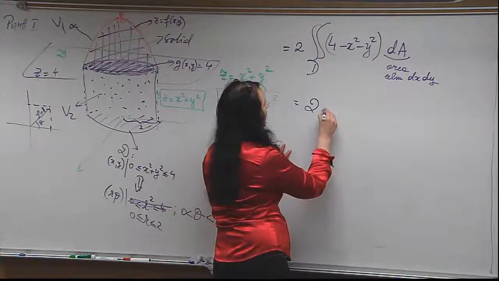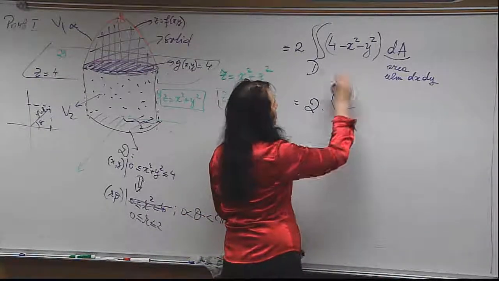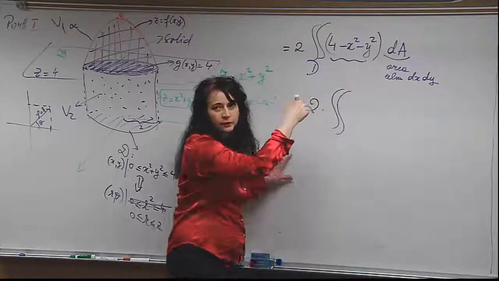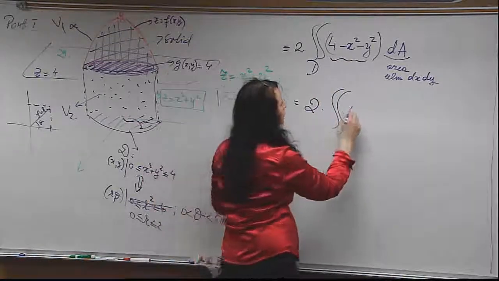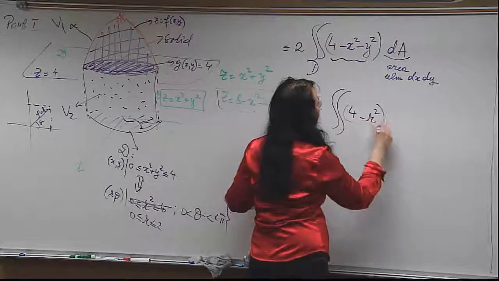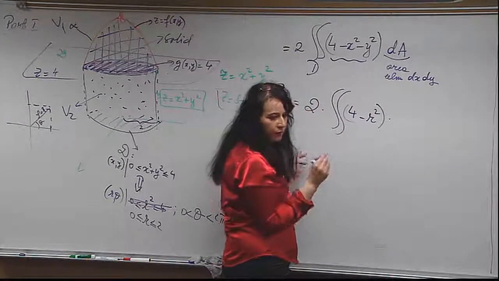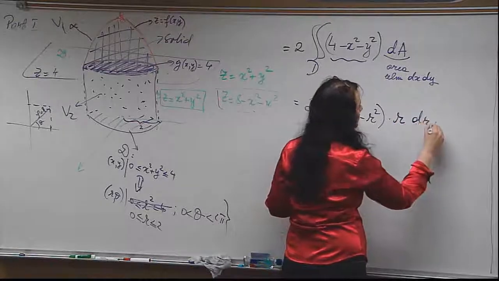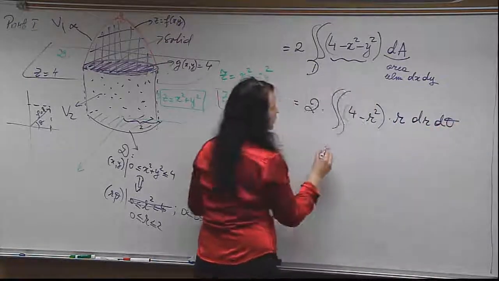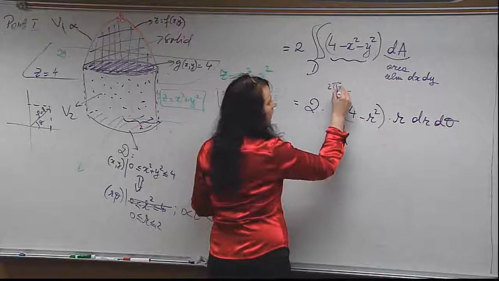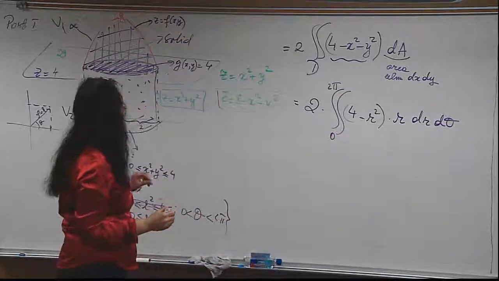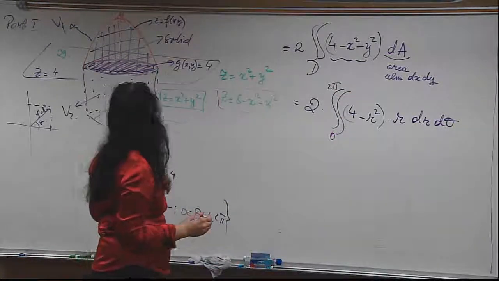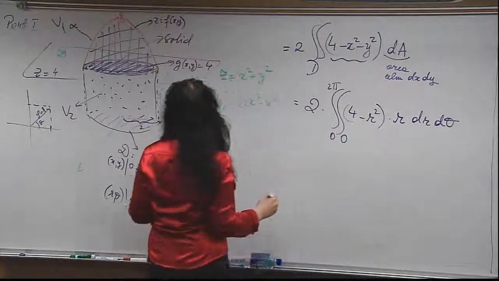2 times the double integral. Who is this nice fellow? Look how nice and sassy he is. 4 minus r squared, times, never forget the r dr d theta. Theta goes between 0 and 2 pi, and r between 0 and 2.